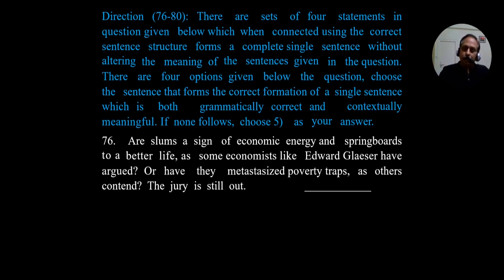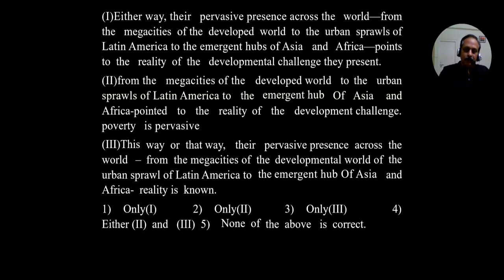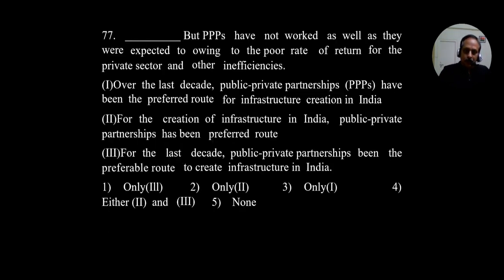There are sets of 4 statements in questions given below, which when connected using the correct sentence structure, form a complete single sentence. These are like, again, CAT model. You have to select one of them. All the answers are correct. Here, no issues.